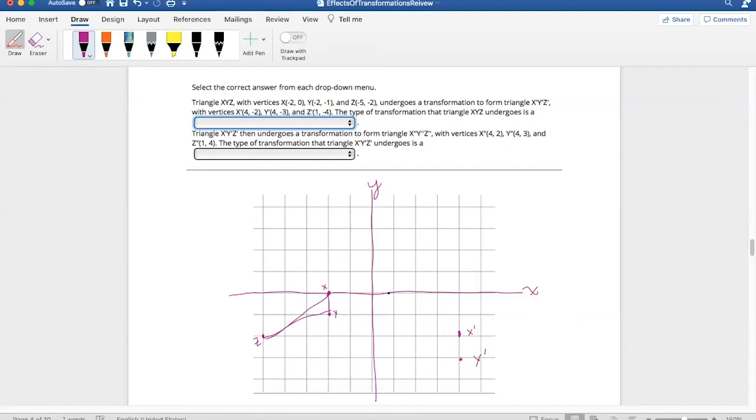And Z 1, -4. And I feel like something is off. Did I go down far enough? Oh, let's see. Let me try that one again.